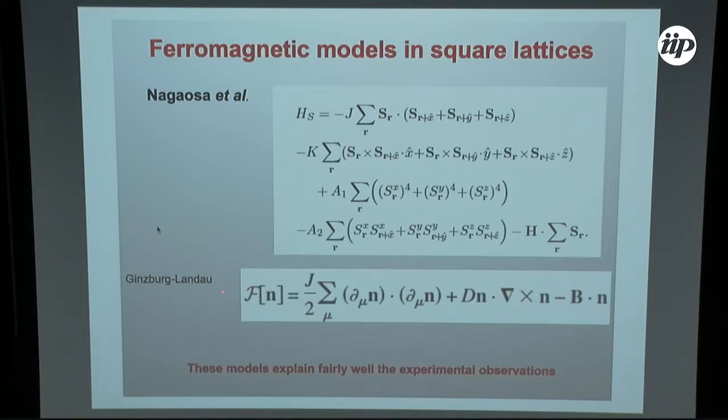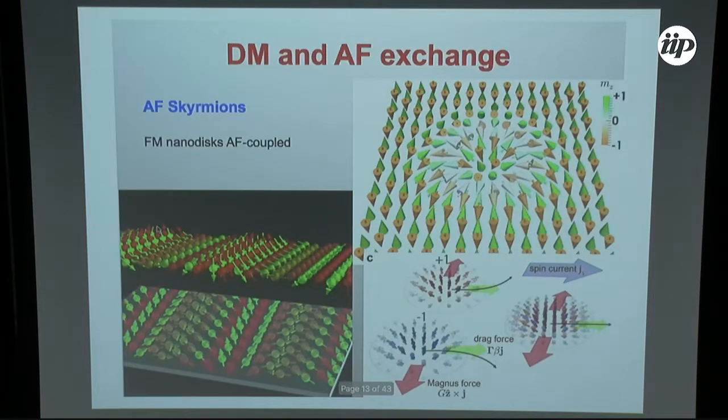So the Ginzburg-Landau theory you get from this looks like, as I have shown you before, a nonlinear sigma model term. Then you have this n dot curl of n, which comes from here, and then the magnetic field. And this worked pretty well to describe the experiments I have shown you before.